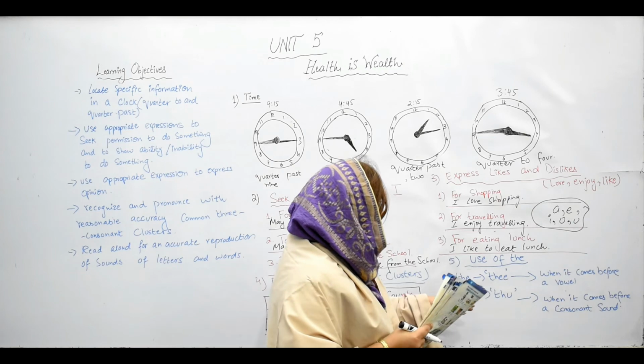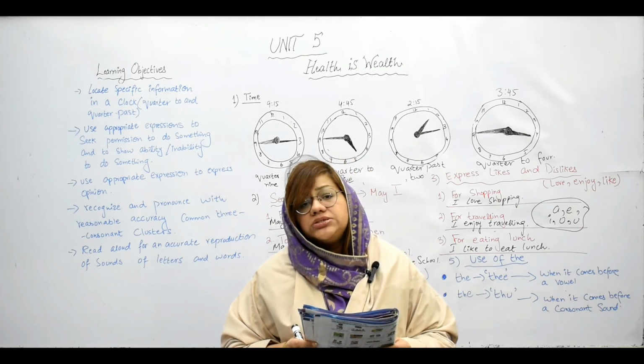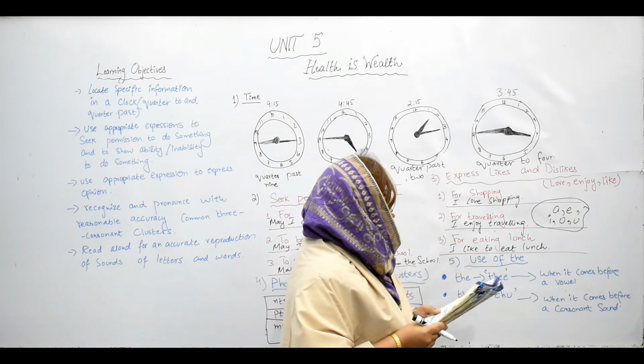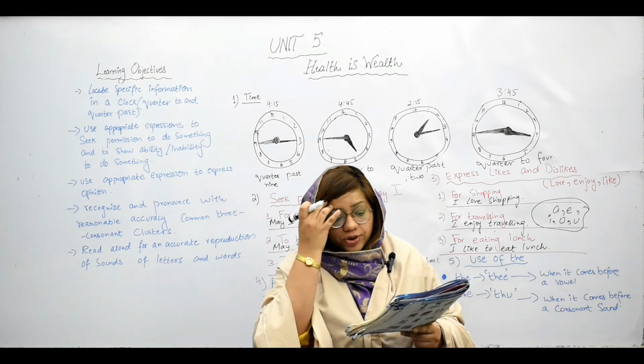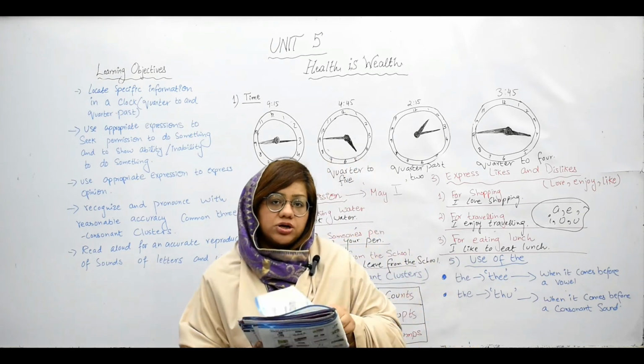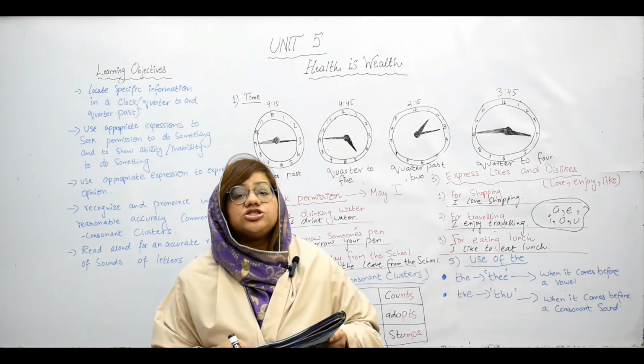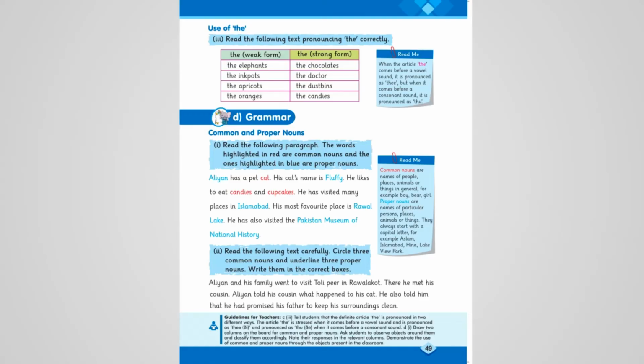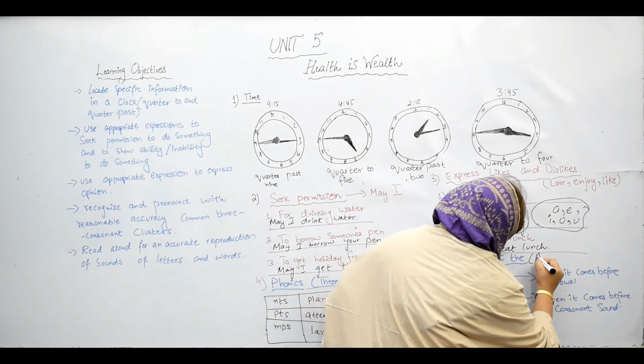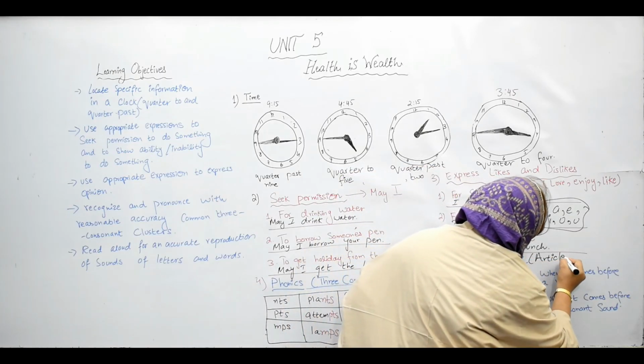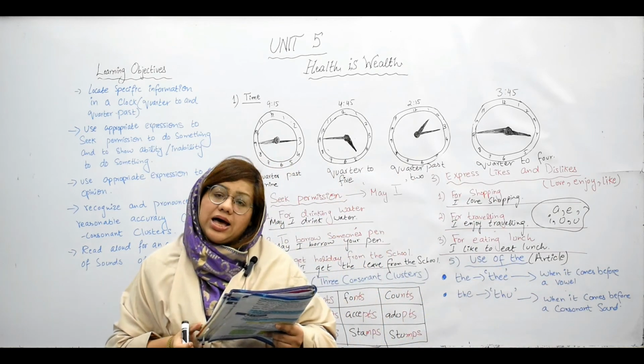And whenever it comes before a consonant sound, we use "the" with the consonant pronunciation. Now I am going to read from your book, page number 49. Look at this. The use of "the" is called an article. What is it called? An article.